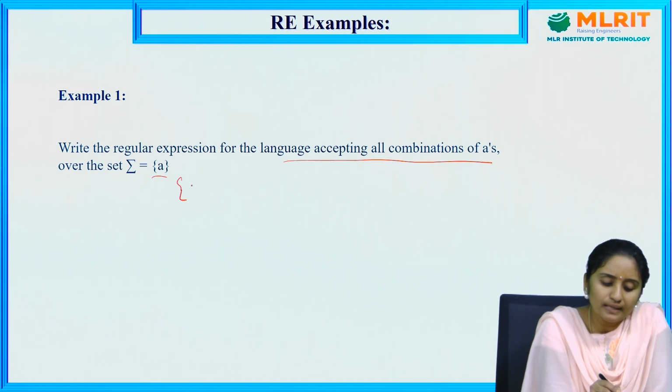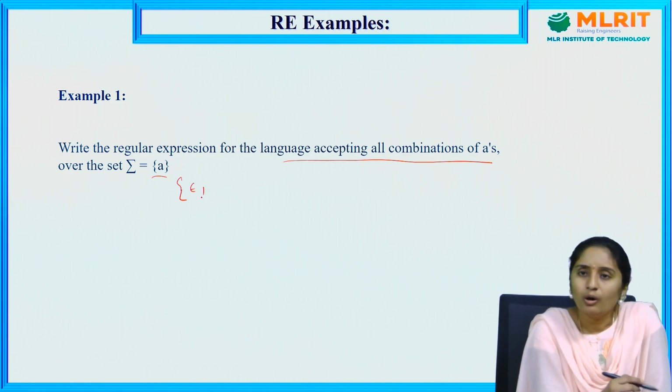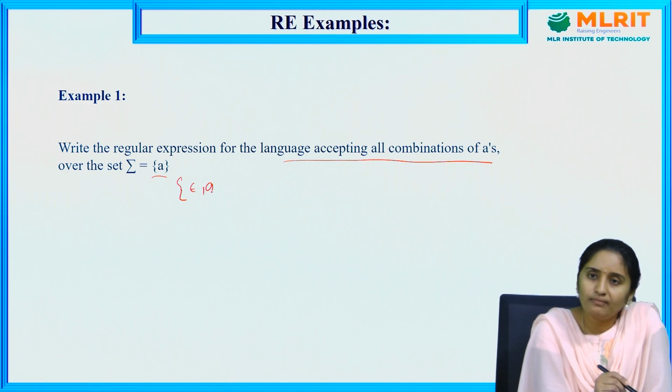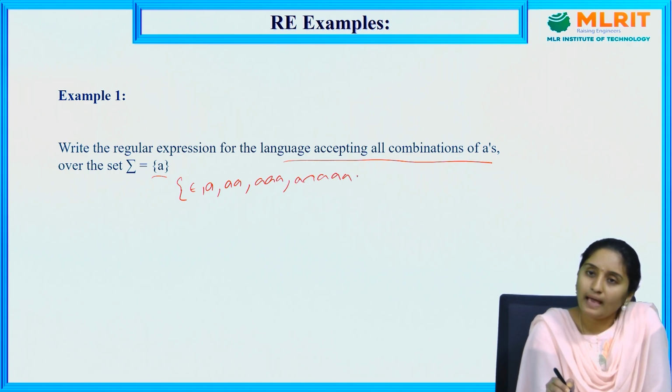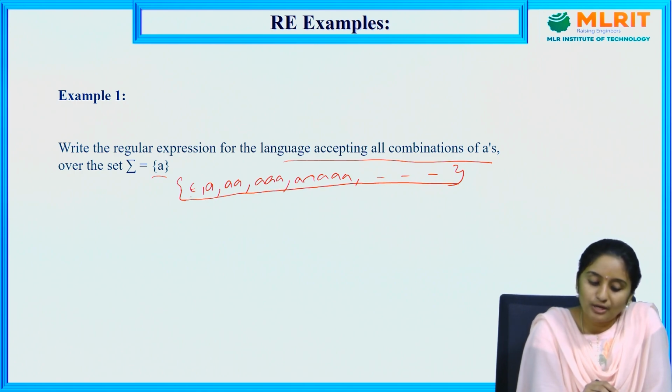So here I can have epsilon, which is also accepted. Next, 1 A is also accepted. Next 2 A's, it is also accepted. 3 A's, it is accepted. Some 5 A's accepted. All the combinations of A's. So here it is in the form of epsilon, one time A, twice, thrice, so on. The A's are going to be repeated.